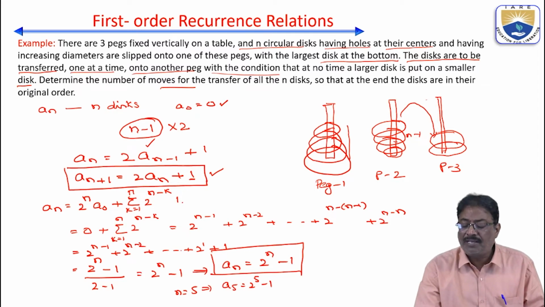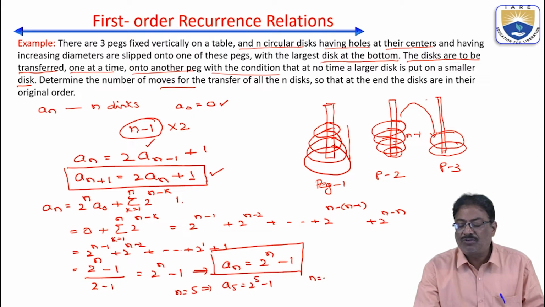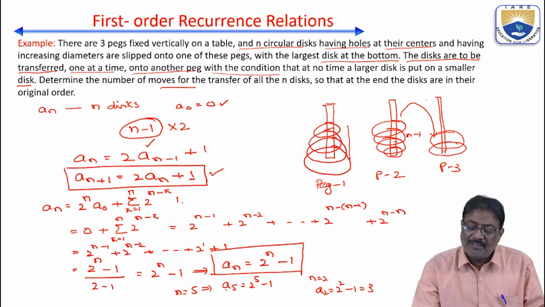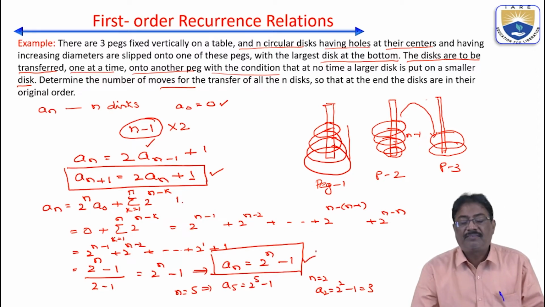Suppose I take n is equal to 2, then a 2 is equal to 2 power 2 minus 1. There are 3 moves required. Like that we substitute, and this is known as the solution of this problem.